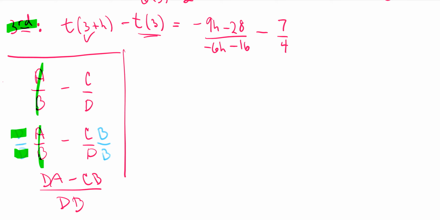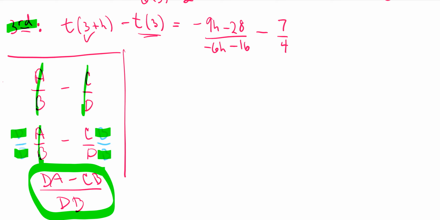And similarly, but with roles reversed, the second fraction was c over d. So that had the d, but it was missing the b. So we had to put the b in the bottom and the top. And then we've achieved at that point d times b in both denominators. So we put the top, da minus cb, over the common denominator, db.